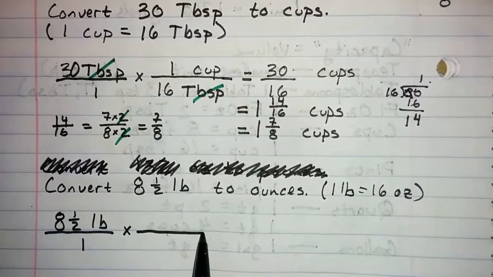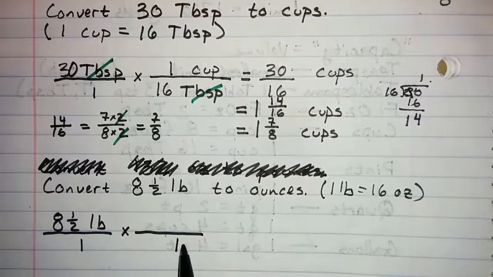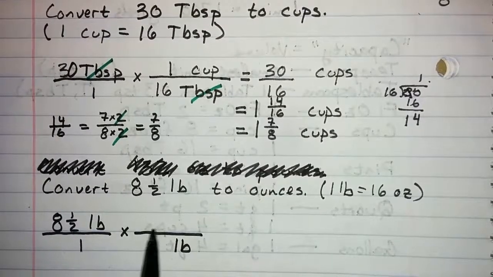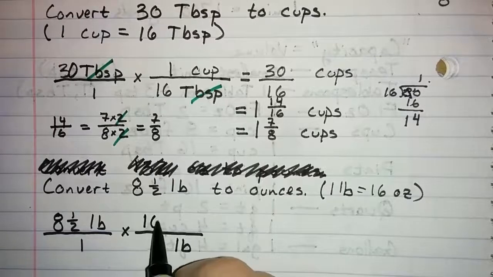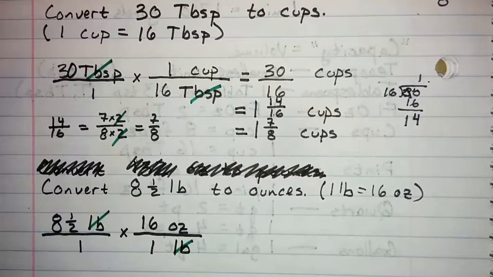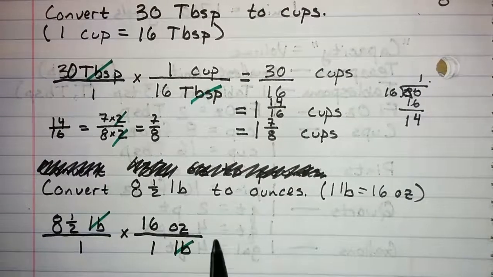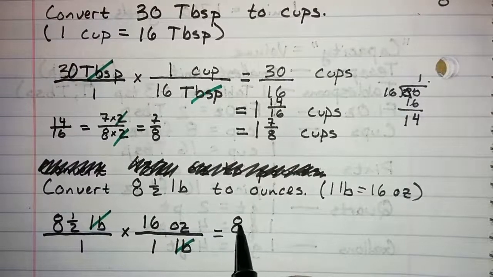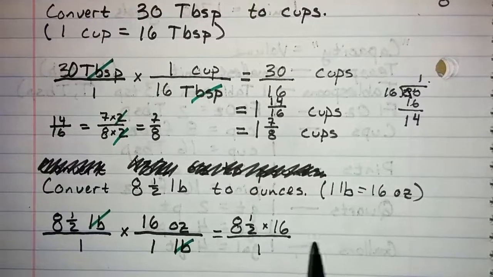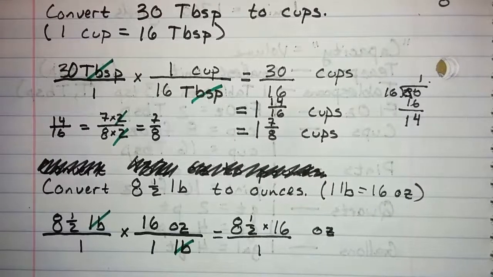I want to get rid of pounds, so I'll have to have 1 pound in the denominator and 16 ounces in the numerator. I see that pounds really will cancel, and I'll be left with 8½ times 16 over 1 ounces.